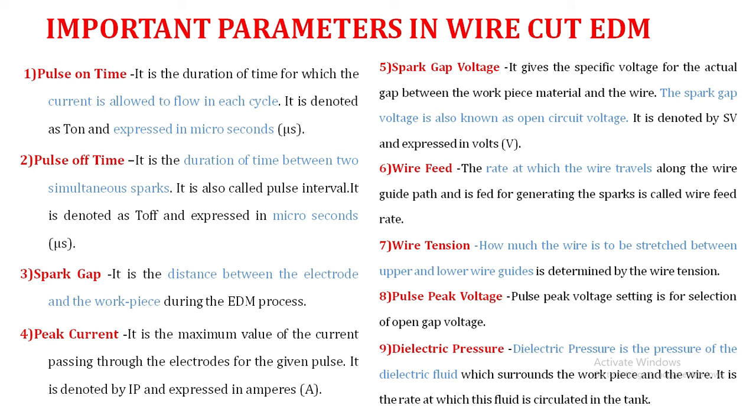It means how much pressure we generally maintain at the region of the spark. That is important, because the debris, the removed workpiece material, should be separated from the workpiece surface. For that purpose, dielectric pressure is a very important parameter of a wire EDM process.